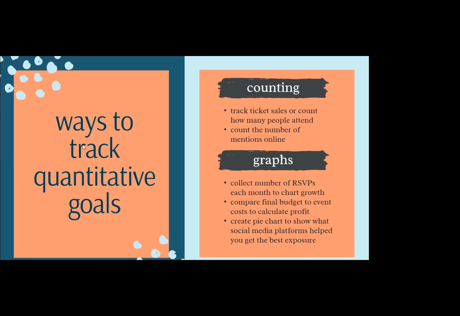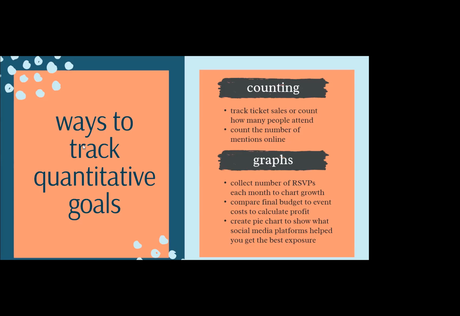And one suggestion, if you're collecting RSVPs, is each month to chart their growth and see if there's a peak season or a peak week or day of the week that people seem to be extra engaged. Similarly, when you're talking about budget, comparing your final budget to the event costs to calculate your profit.